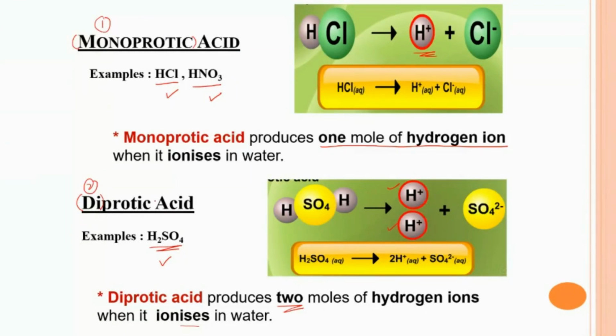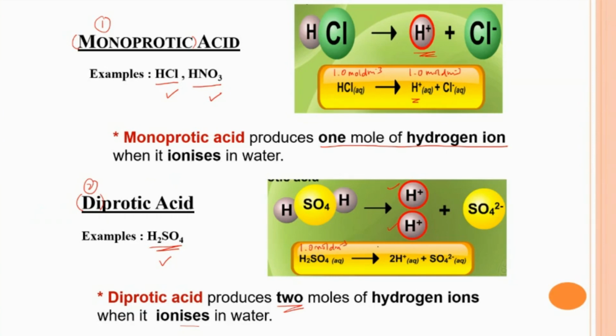Then, if the same concentration, let's say this one is 1 mole per cubic decimeter, then it produces 1 mole of hydrogen ions, right? So meaning that this one will be 1 mole per cubic decimeter also. But for sulfuric acid, this one is 1 mole per cubic decimeter.